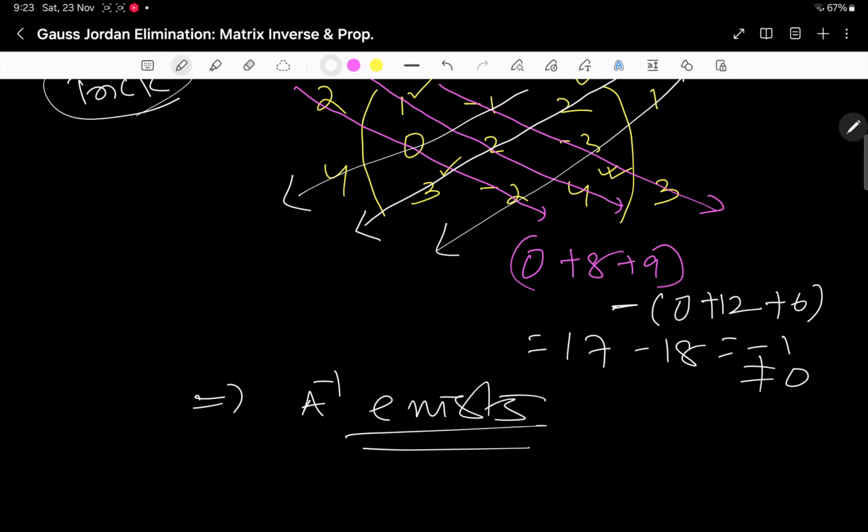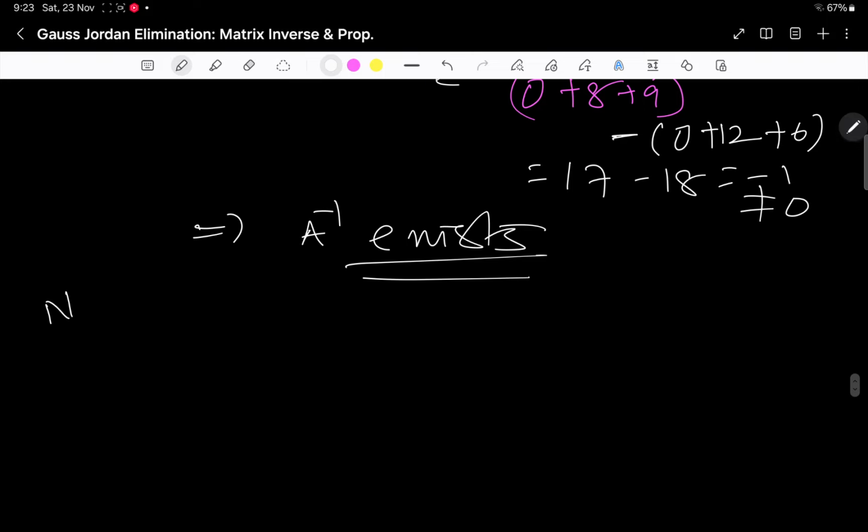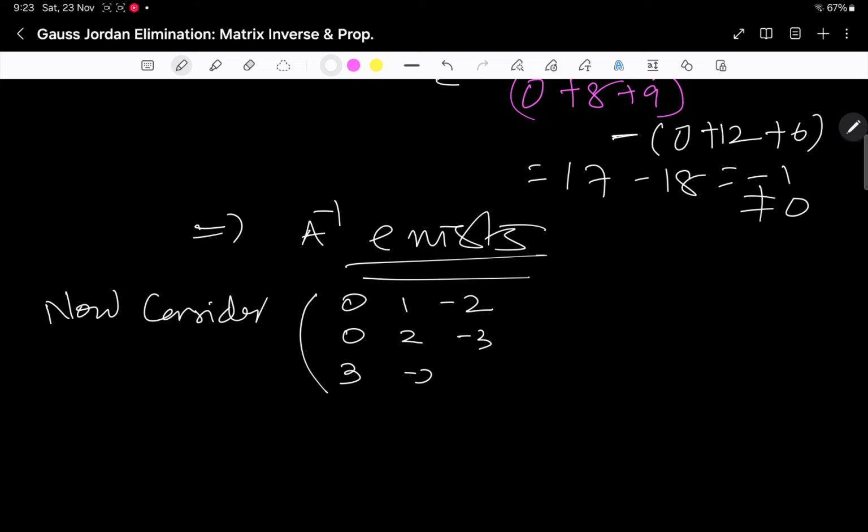Okay, now we are ready to find the inverse. Consider the matrix A together with the identity matrix of the same order. So this is 1 minus 1 2, 0 2 minus 3, 3 minus 2 and 4.